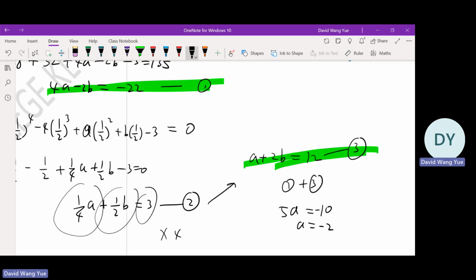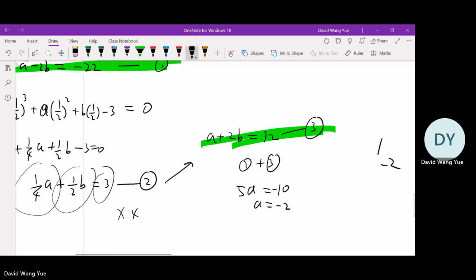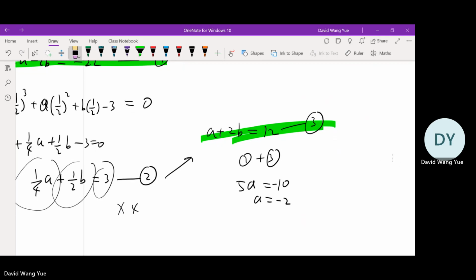So A is negative 2. Minus 2B plus 2B cancel out. Then the B: minus 2 plus 2B is 12. 2B is 10. B is 5.